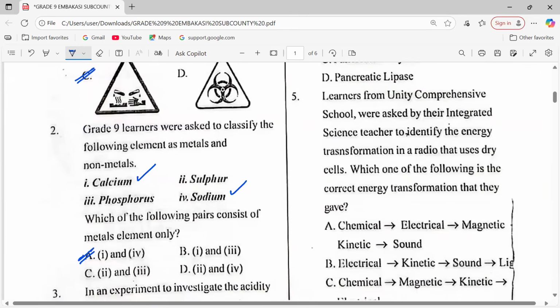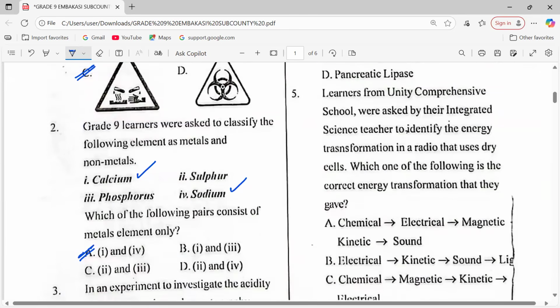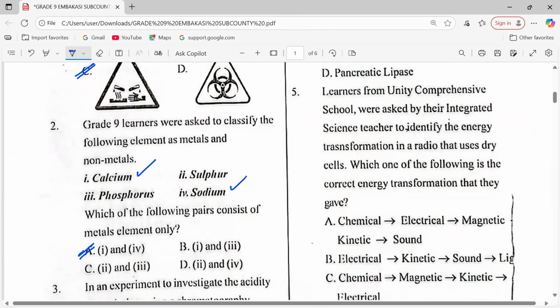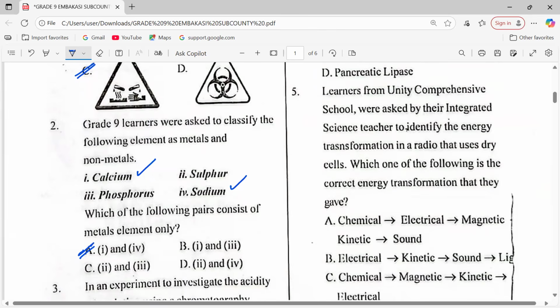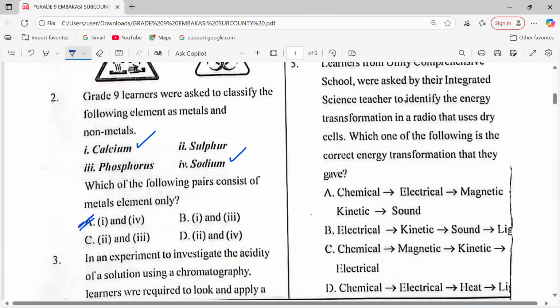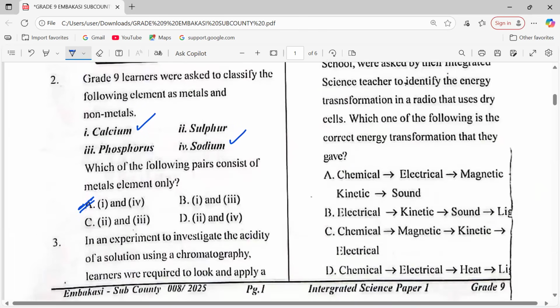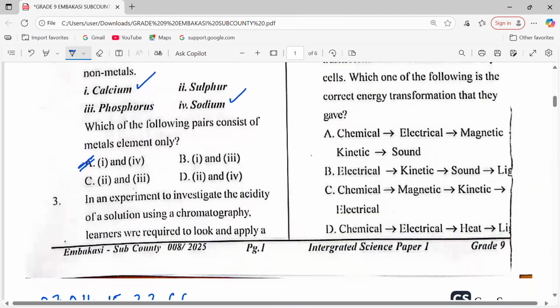Number 5. Learners from Unity Comprehensive School were asked by their integrated science teacher to identify the energy transformation in a radio that uses dry cells. Which of the following is the correct energy transformation that they gave? In A, chemical, electrical, magnetic, kinetic, and sound.